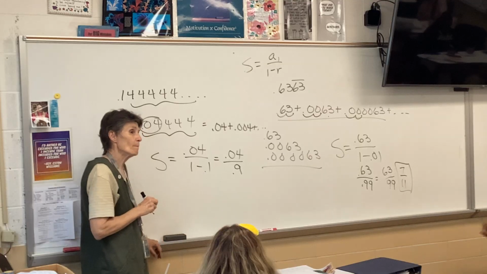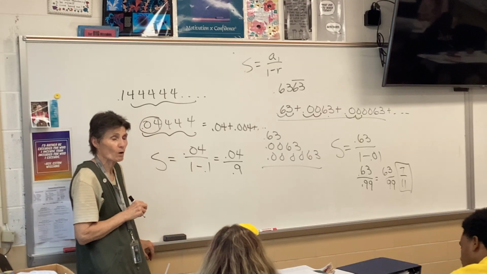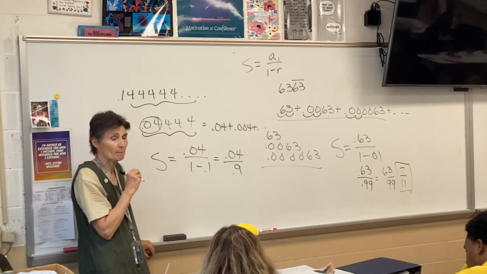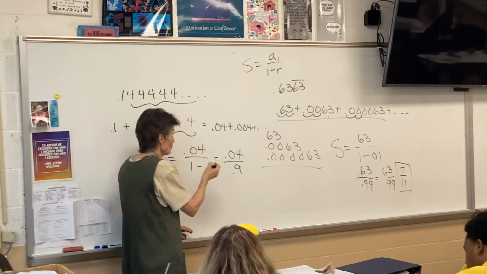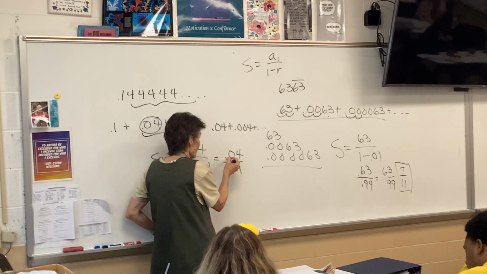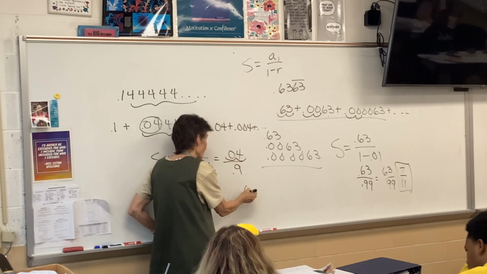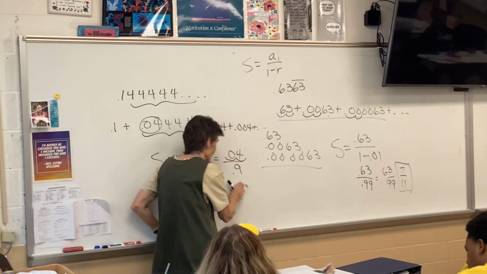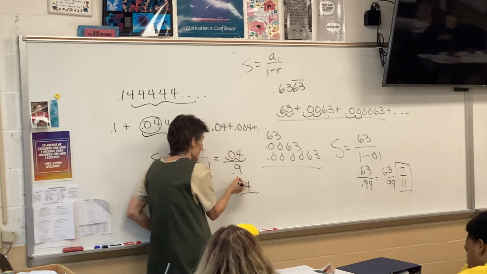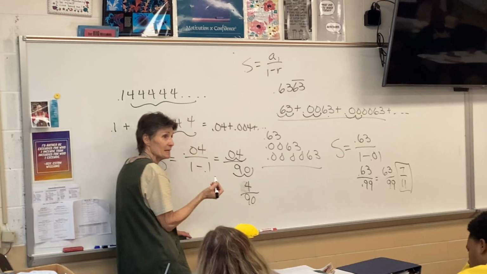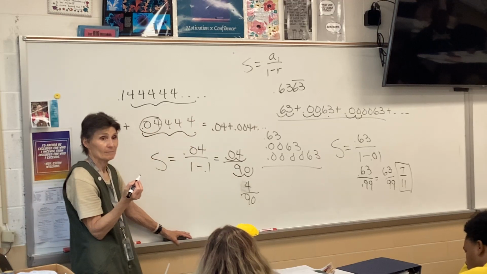Remember, when you remove a decimal from a fraction, you have to move it the same number of places. So to remove this decimal, I'm going to have to move it 2 places. That's going to give me 0.0, so it's going to give me 4. This one has to go 2 places, which is going to give me 90.